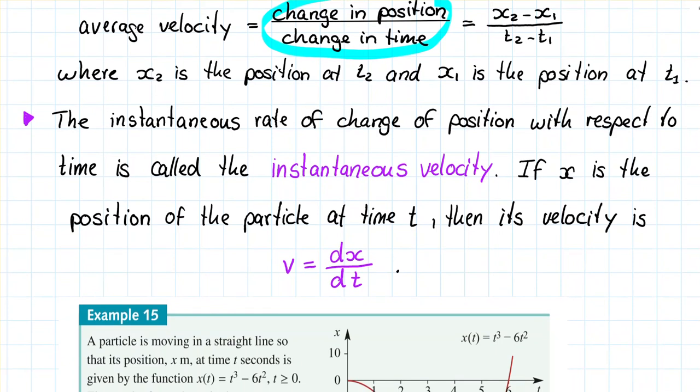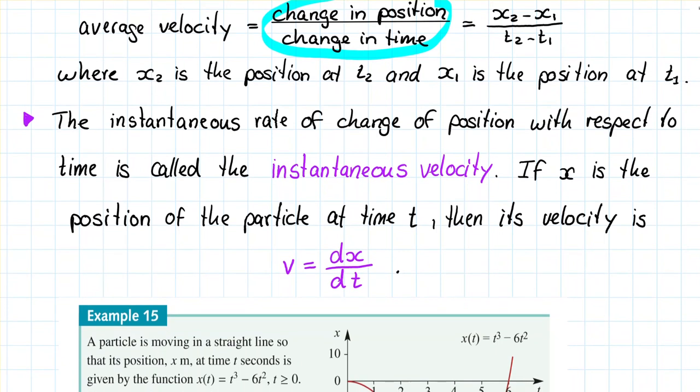That's called instantaneous velocity, meaning if x is the position of the particle at a time t, then its velocity is v, and that's nothing else than the first derivative of x. Later on we will see that we call this velocity, or magnitude of velocity, also speed, so the v, but that also explains why speed has a v as a symbol.